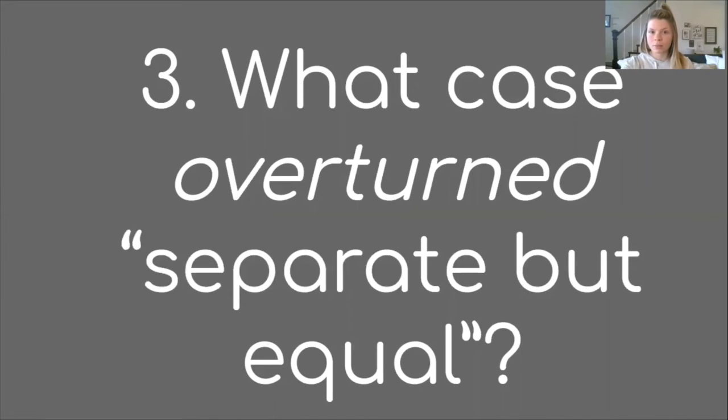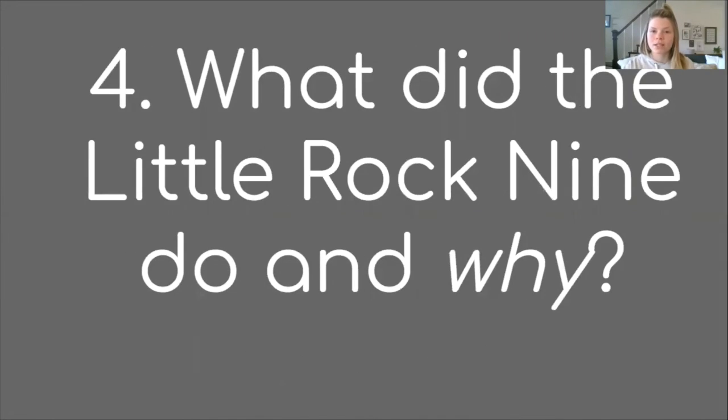And finally, number 4, what did the Little Rock Nine do and why? Take a second, go through these questions, make sure that you've got your answers down. When you're done, click unpause, and we're going to go through them.